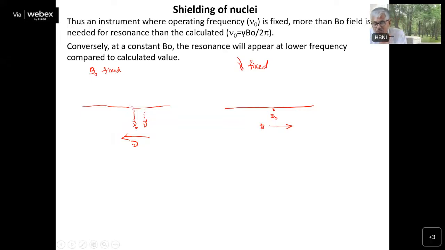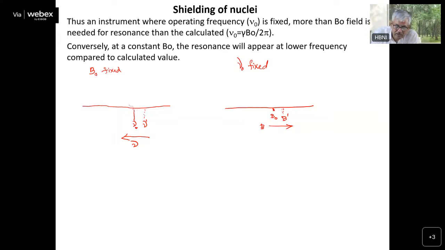If there is no screening or shielding, your signal will appear at B0. But because of the shielding, it requires a slightly higher magnetic field.